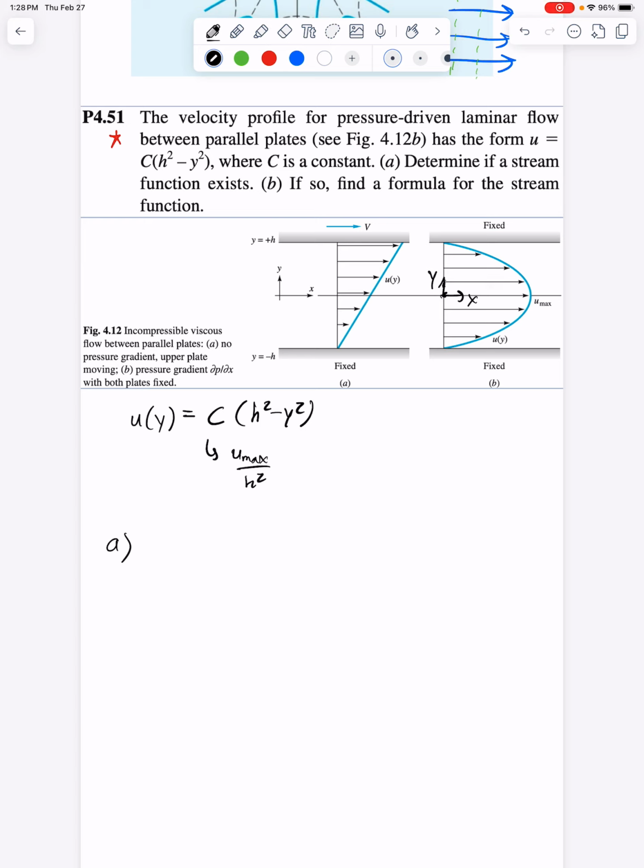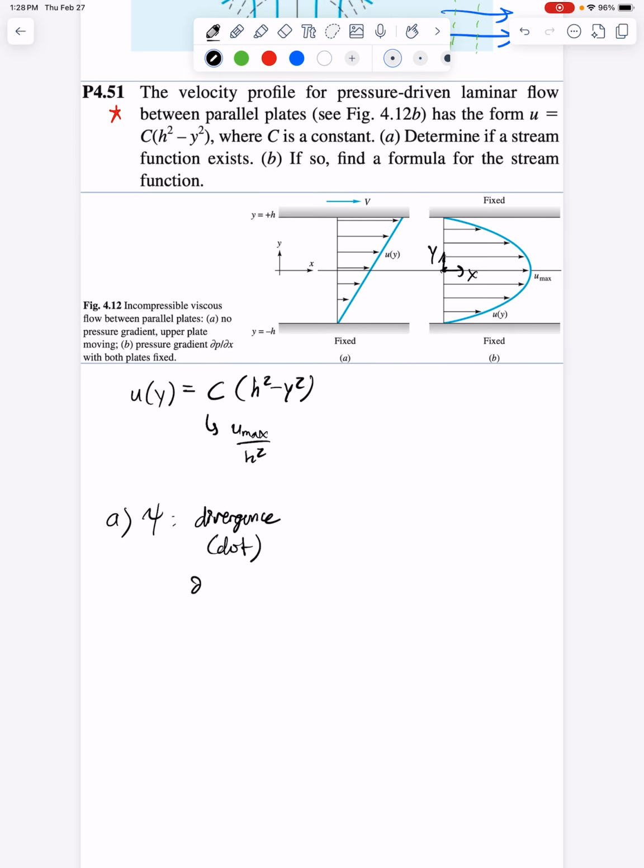So as I stated earlier, we go through this process. To prove that psi exists, first what we do is check the divergence, which is basically just the dot product. So, partial derivative of u with respect to x, plus partial derivative of v with respect to y, plus partial derivative of w with respect to z, should equal 0. We're working with a one-dimensional flow, just a u component, so these two terms cancel out.